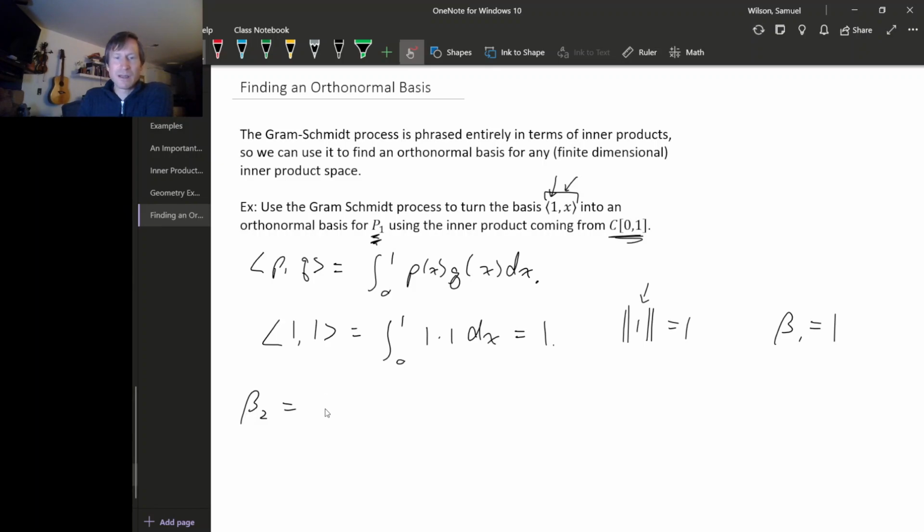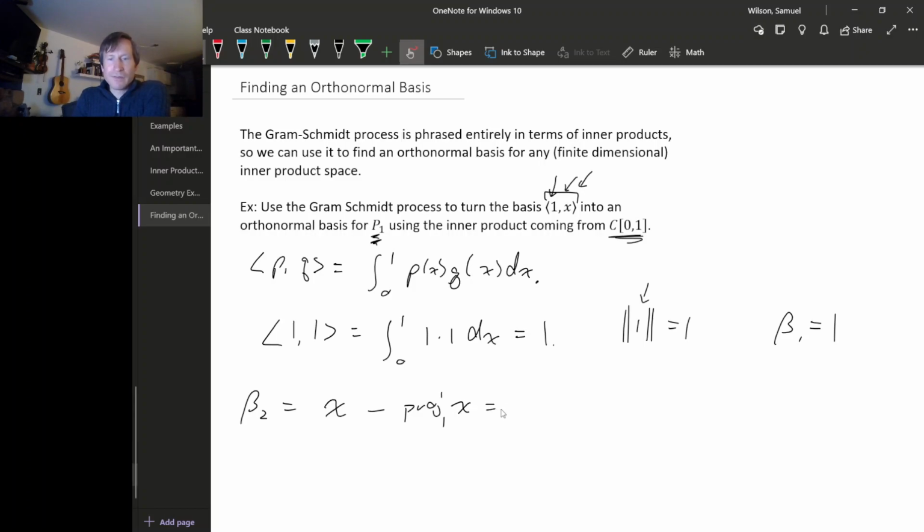We take the second basis element of the basis that we started with, and then subtract off the projection onto the first basis element of our second basis element. This is exactly the same formula as Gram-Schmidt in Rn. It's just that our vectors aren't vectors in Rn, they're polynomials of degree less than or equal to 1.